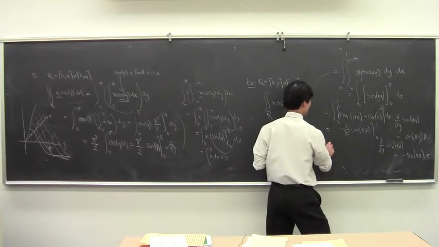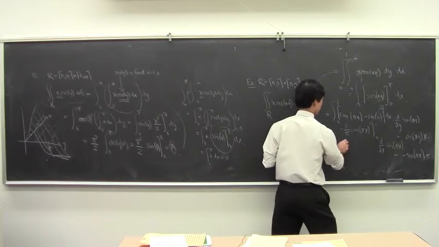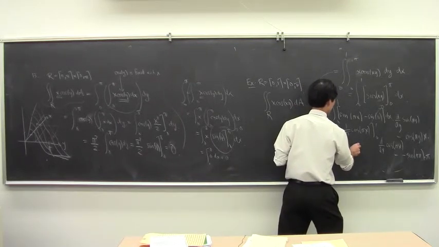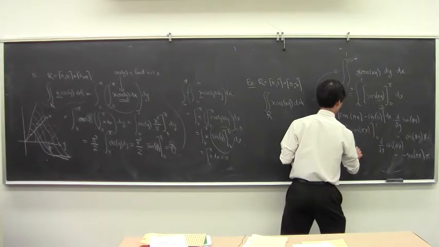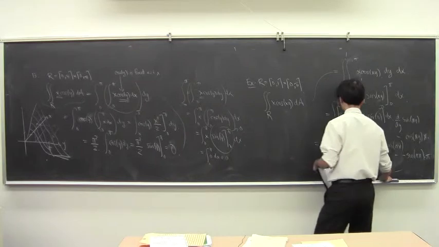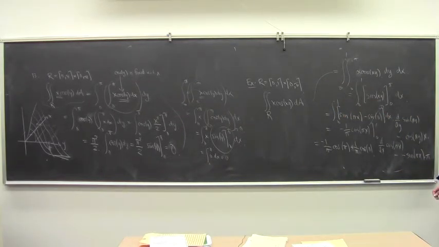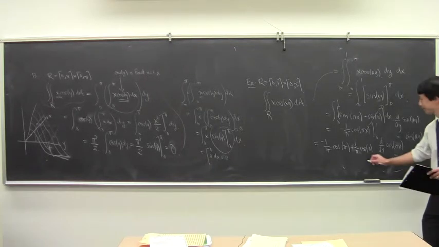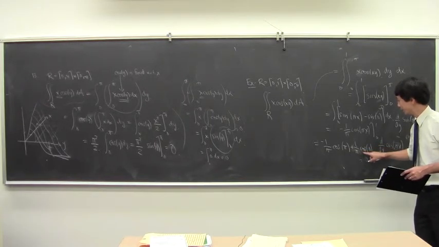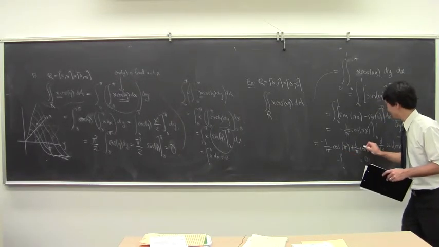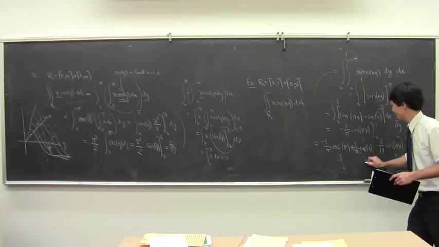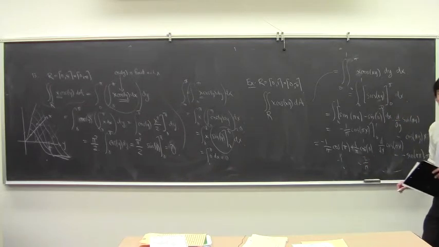You get negative 1 over pi cosine pi plus 1 over pi cosine of 0. Which is 0 again? Oh wait, no. Cosine pi is negative 1. Sorry, this is positive 2 over pi.